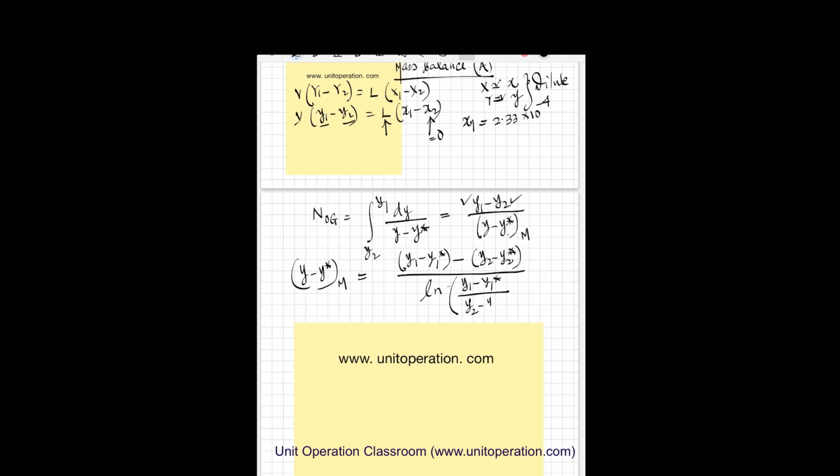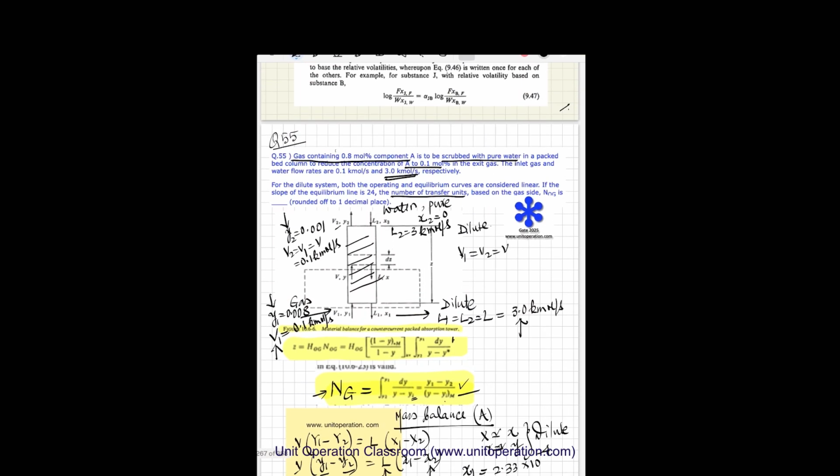Now, how do I know Y1 star? Y1 star is given by the equilibrium relationship mX1. If the slope of the equilibrium curve is 24, then m is equal to 24. The relationship is Y star is equal to mX.